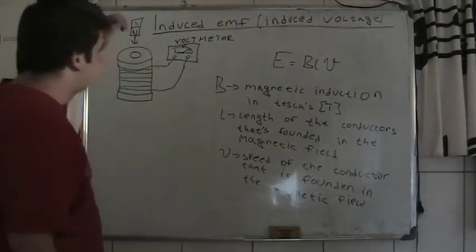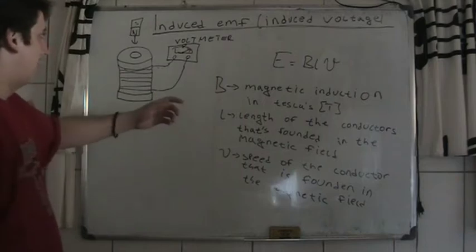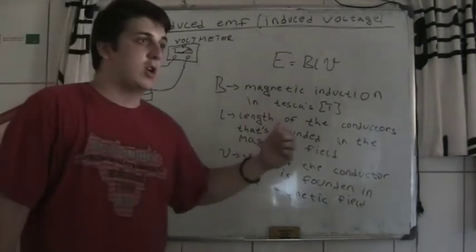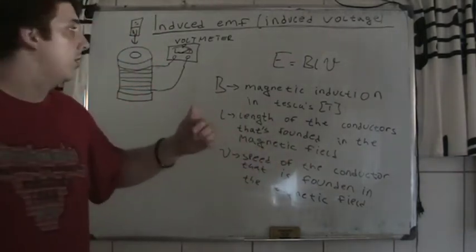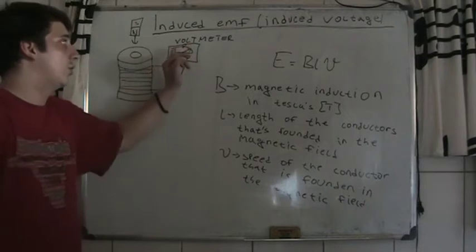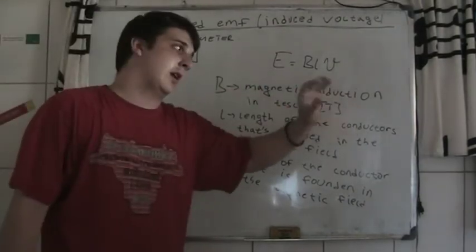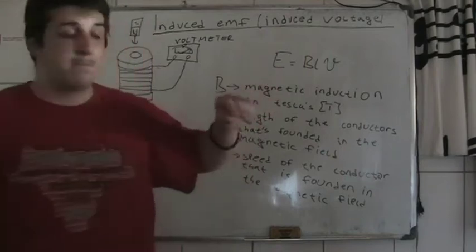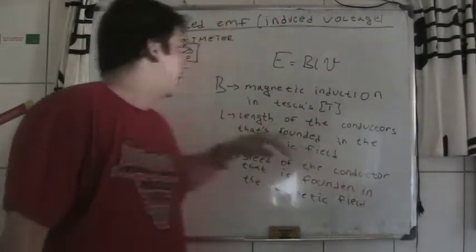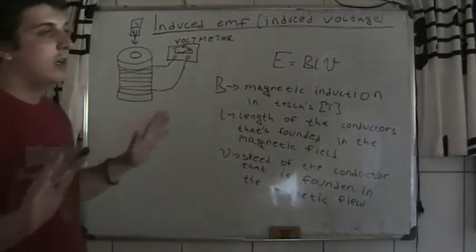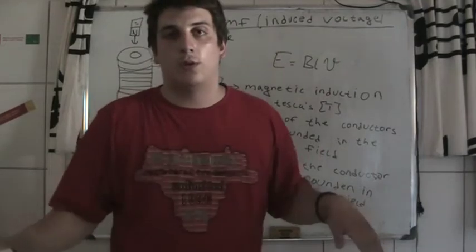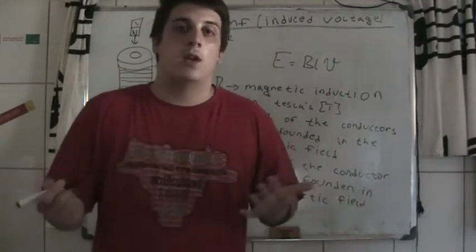So, when you put this magnet into the solenoid, then the voltmeter is going to show you in one direction. If you put the magnet into the solenoid and leave it there, then there is no induced EMF.